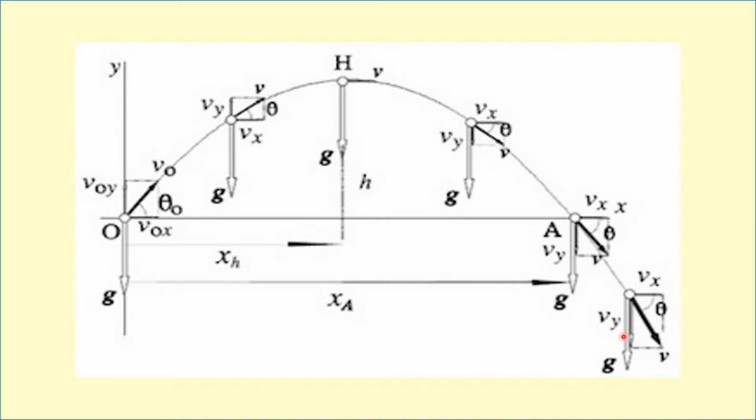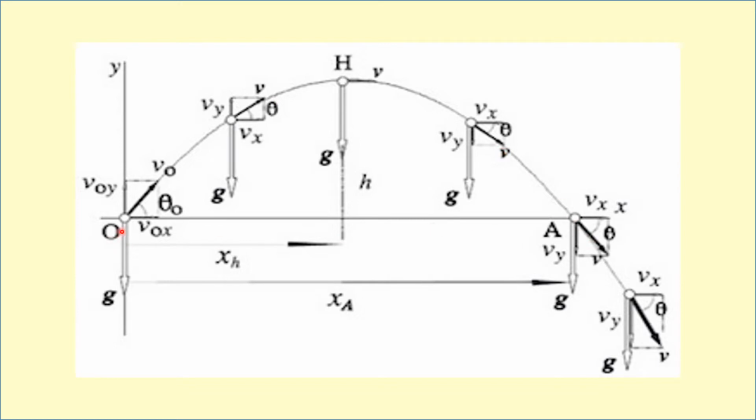When adding these two components, again, we have a resultant velocity that is much higher compared to what it had, for example, at this point. So that's how we analyze the motion of a projectile at any given position in its trajectory.